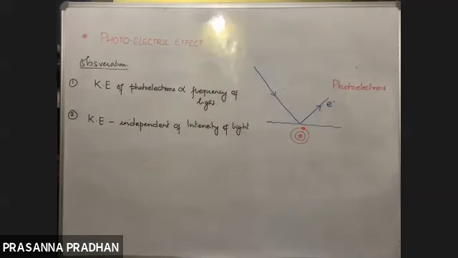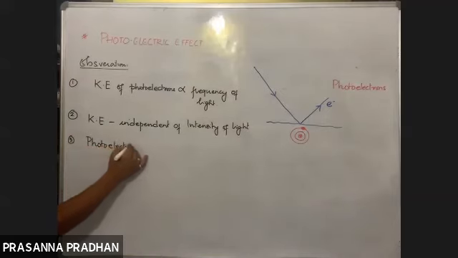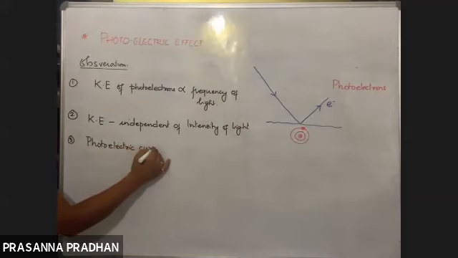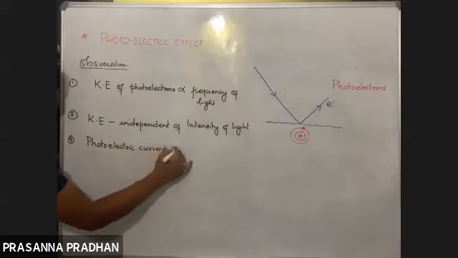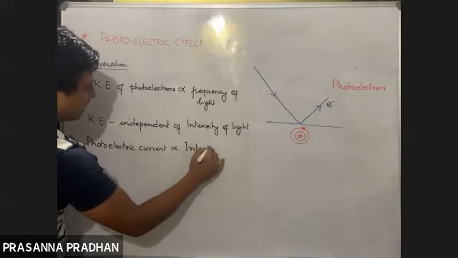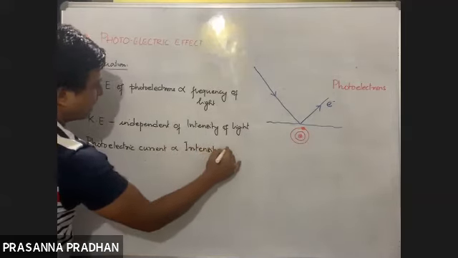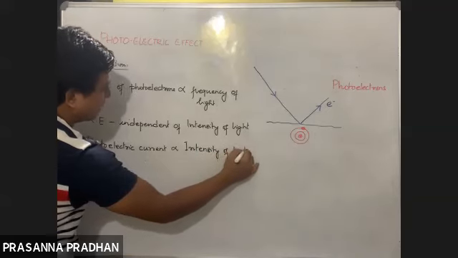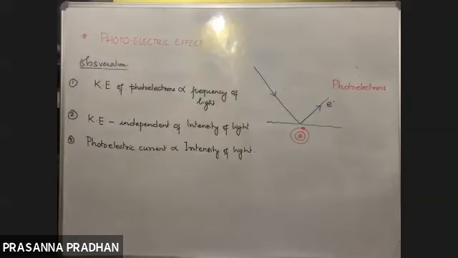Whereas your photoelectric current was directly proportional to the intensity of light. So I'm going to explain all this, don't you worry. It's directly proportional to the intensity of light. Okay.